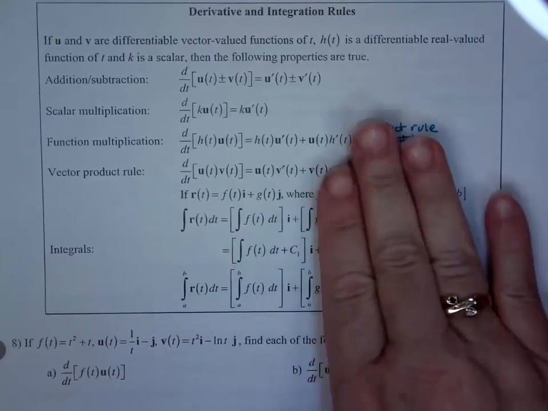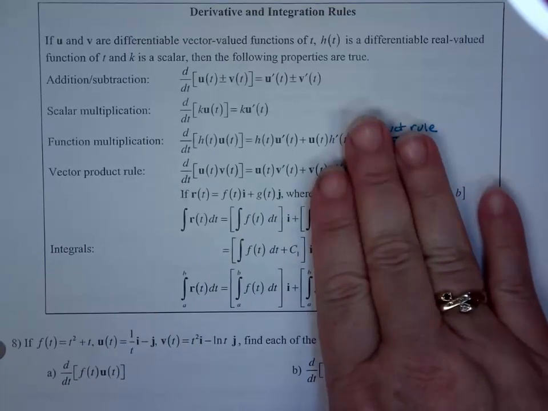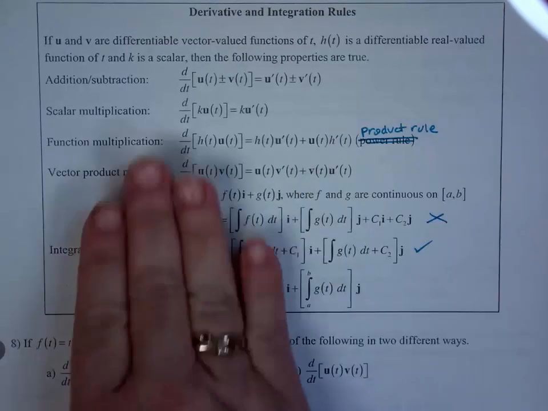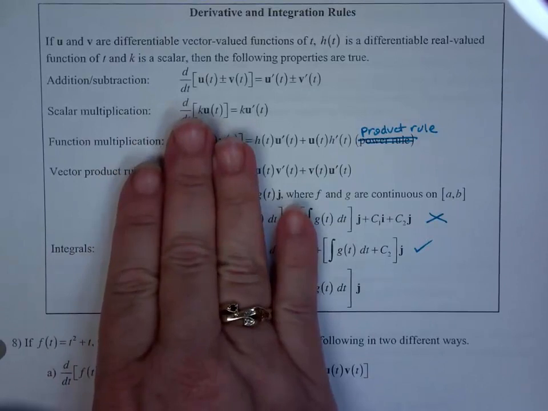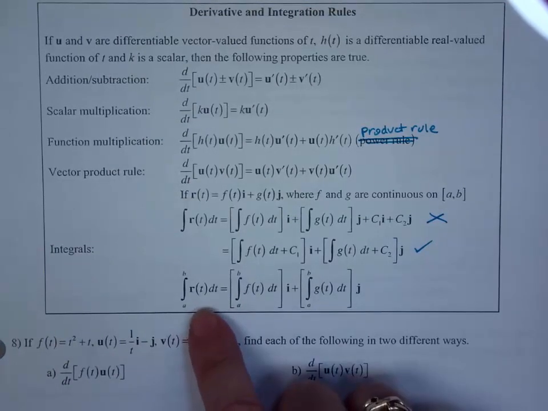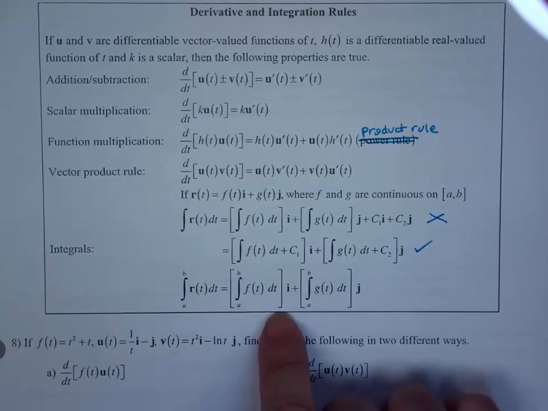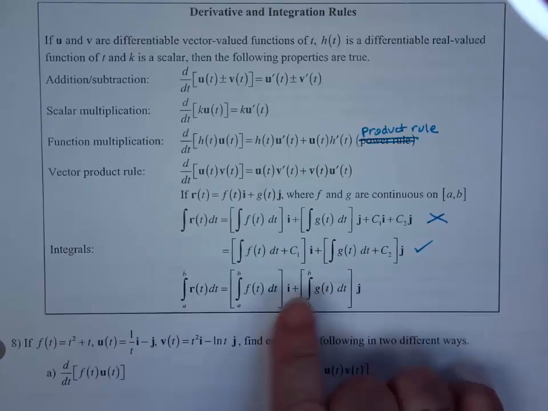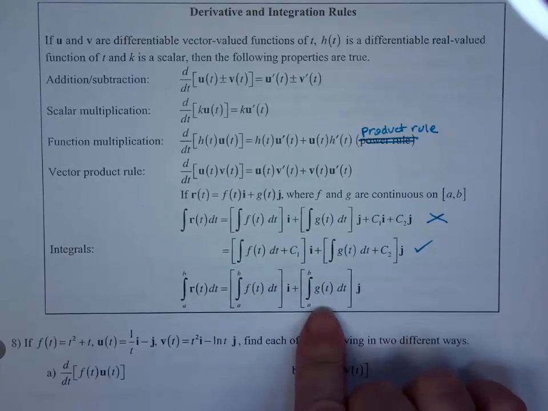And then each component gets its own C. f of t gets its own C, and g of t gets its own C. And there are two different C values that you have to solve for. We're going to do a sample problem of this in a minute. If it is a definite integral, this is just telling me that I take the separate integral for each term and plug in the a and the b. Okay? Are we good on this?